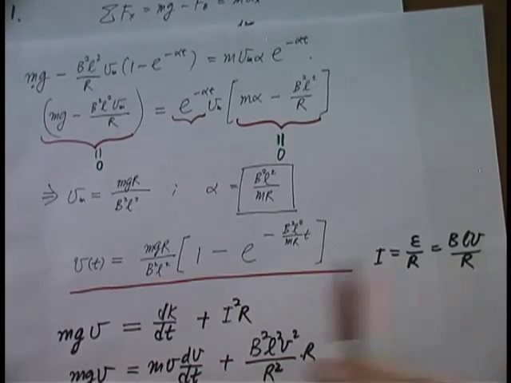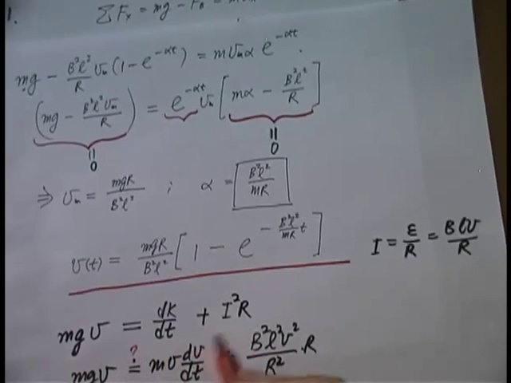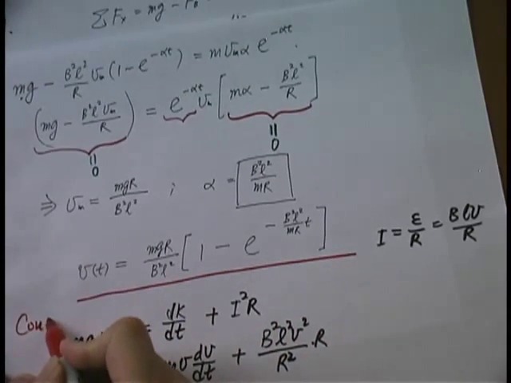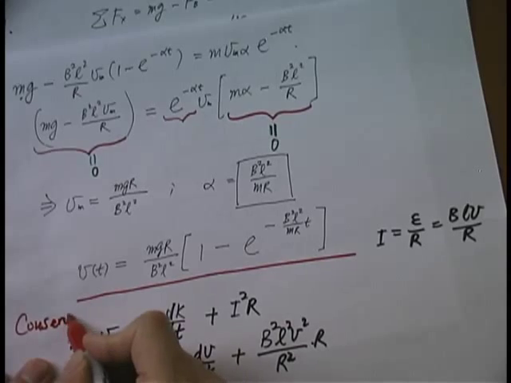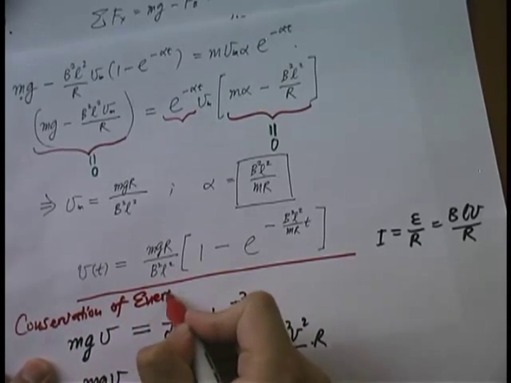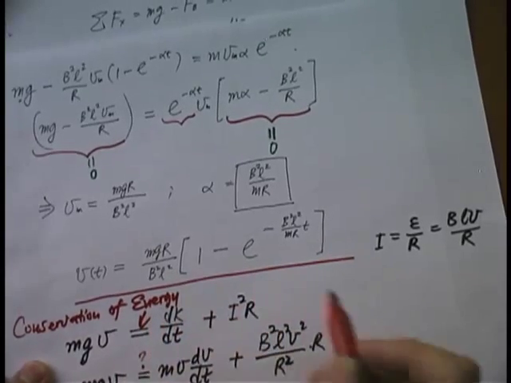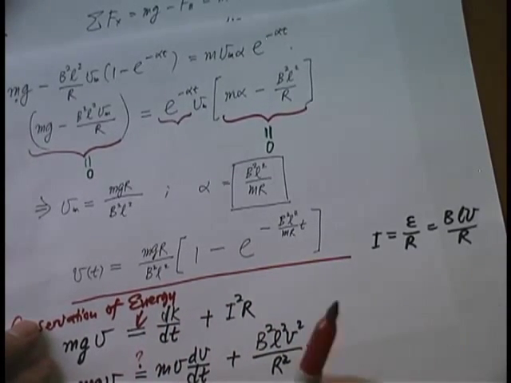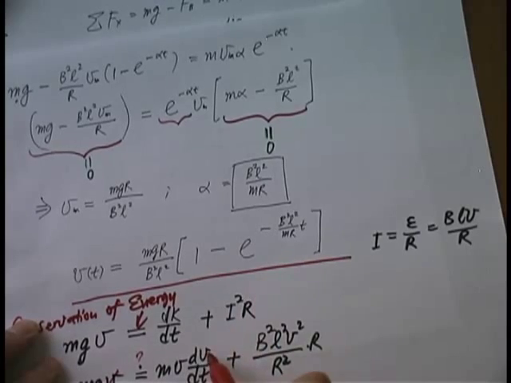So the question is, is this right? That is the requirement for the conservation of energy. If you cross out one power of v from every term, what do you get?